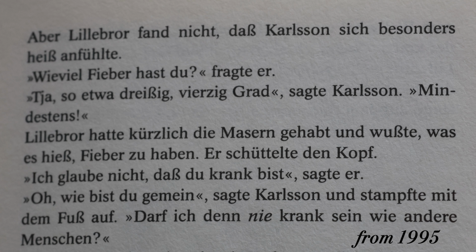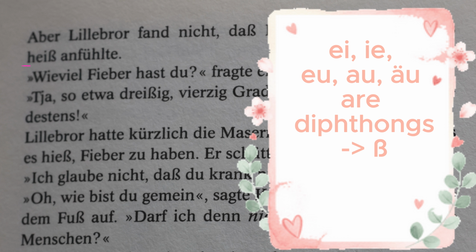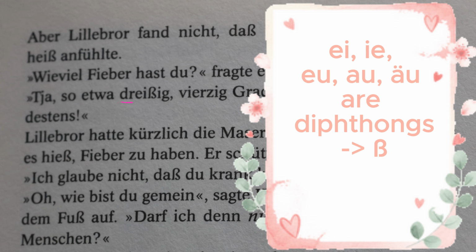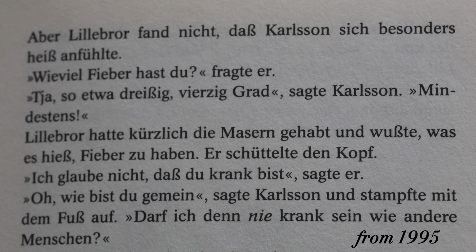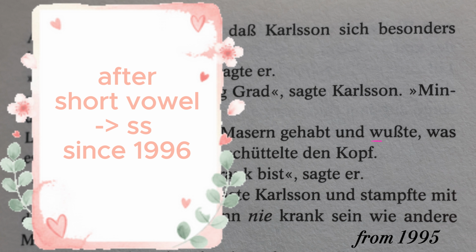So here is an example. This book is printed 1995, so just one year before the Rechtschreibreform. In this text you see the word heiß, and this was before already with an SZ, and it's still with SZ. And the same with weiß, so if it's an EI in front of it, then it's always SZ. But here you see the word wusste. Nowadays you write it with double S, because wusste has a short vowel.